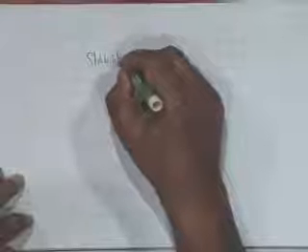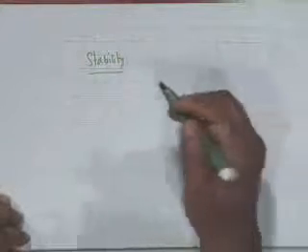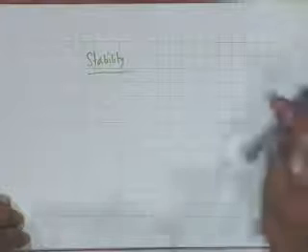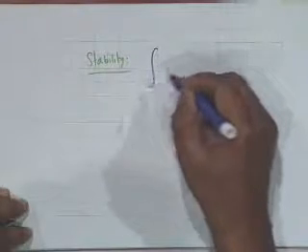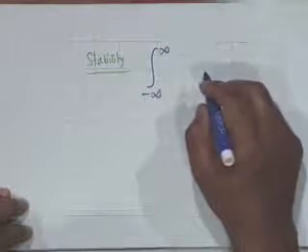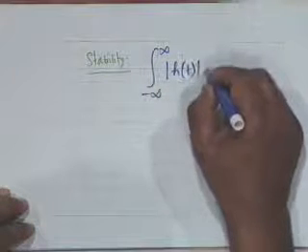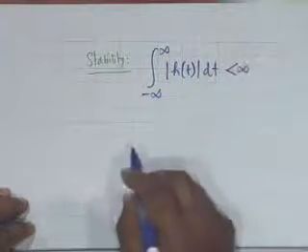Now let's turn to something else. You know the condition for stability of an LTI system, BIBO stability, which you have done quite early in this course: the impulse response should be absolutely integrable, that is the integral of mod of h of t dt should be less than infinity.